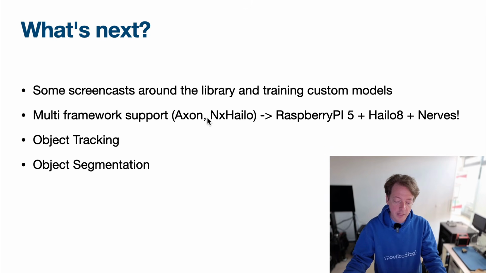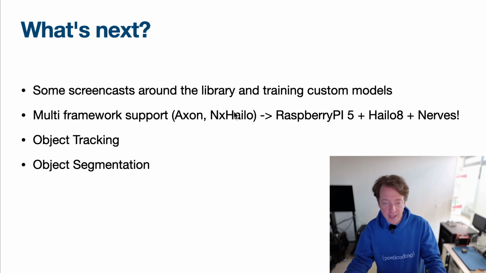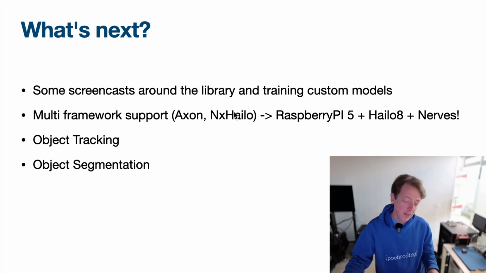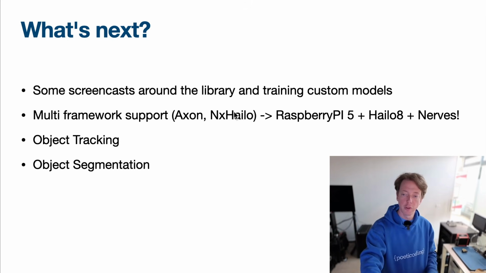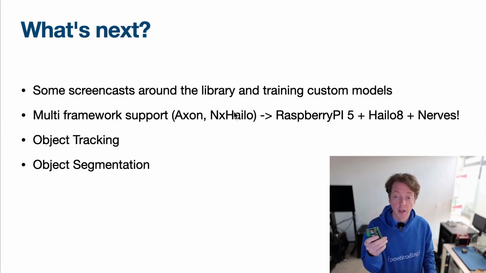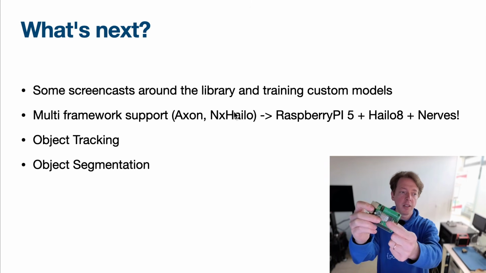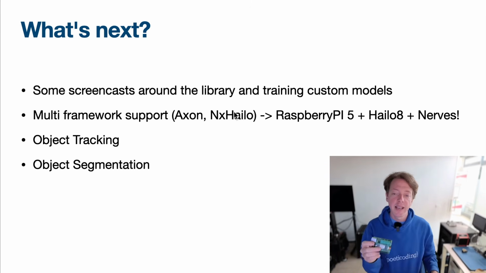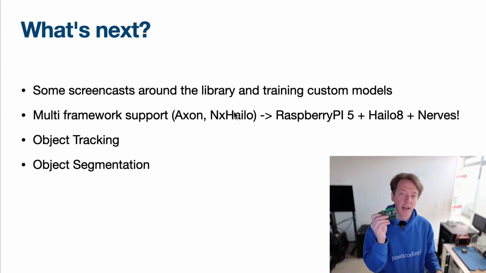It would be cool to also support other frameworks like Axon, or now there is Nx Halo, which means we would be able to run the models, even our custom models, on a Raspberry Pi 5 with this baby here, a Hailo-8 AI HAT, especially running it on Nerves.